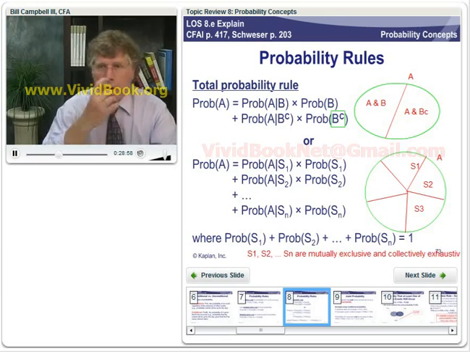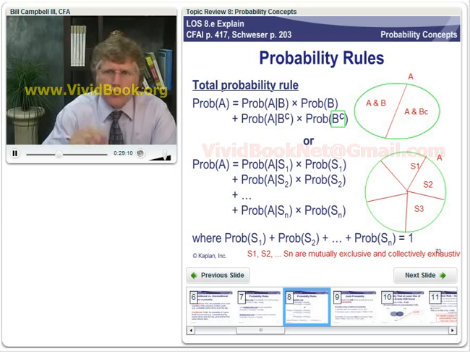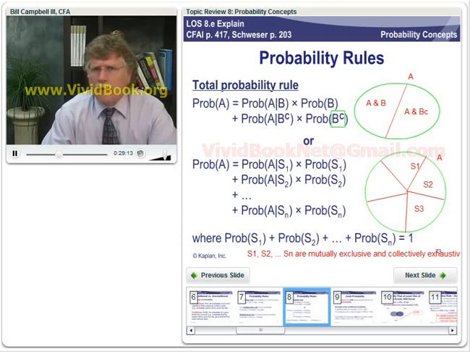There you go. If that's the case, then we can chop up the probability of A into all these little pieces. Okay? If you can draw these pictures, then you will definitely get these rules correct. These are good pictures to draw. I would suggest that you take a look at those, you practice that a couple of times.